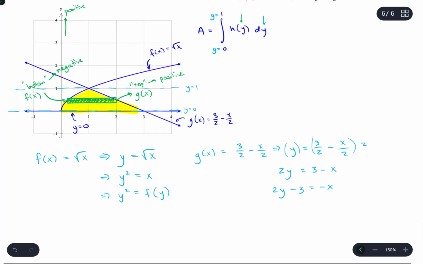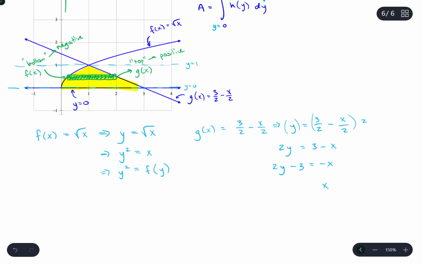And then dividing through by -1, I have x equals 3 minus 2y, because when I divide by a negative, this becomes positive, that becomes negative, so I can just reverse the order of that subtraction. Which tells me now the function g in terms of y can be written as 3 minus 2y.